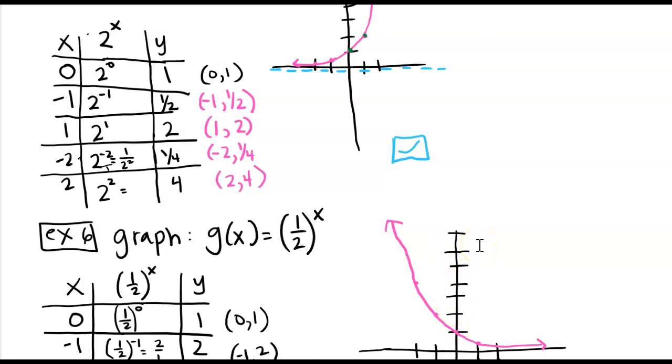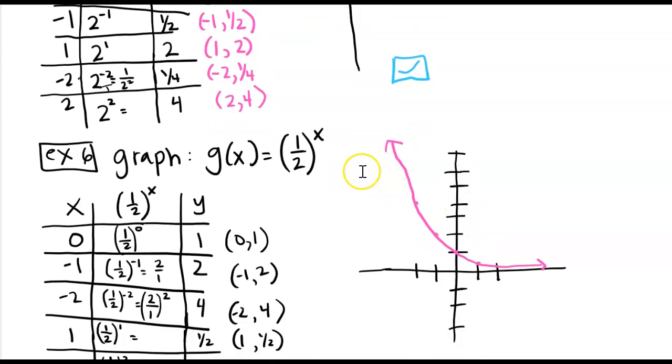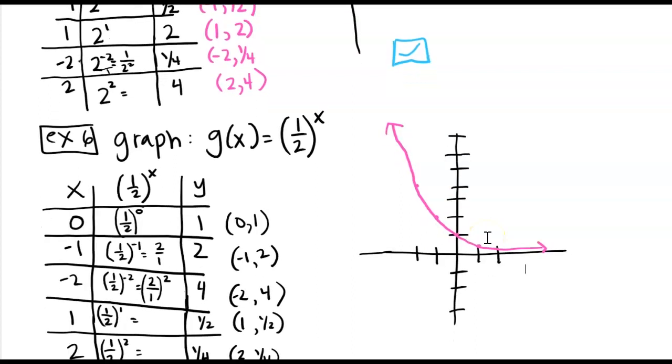And so what is making that happen? Well, having a number here that's a fraction, a number that's between 0 and 1, is going to make that exponential decay happen. All right, so let's draw another little picture here.